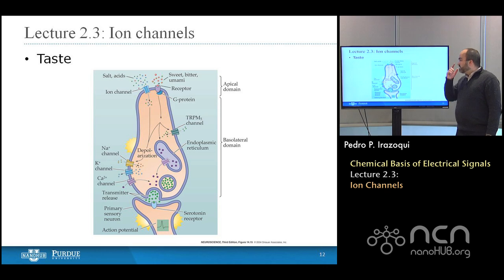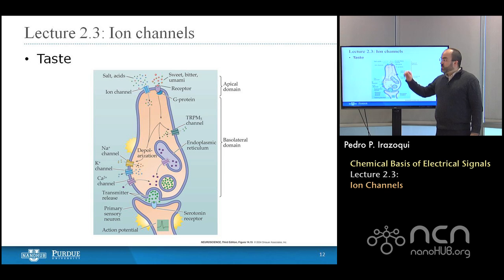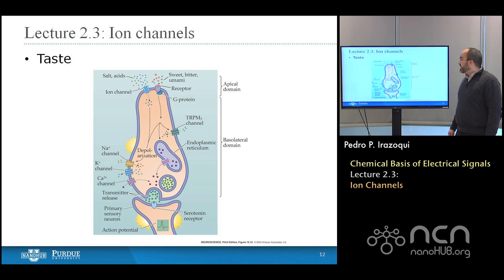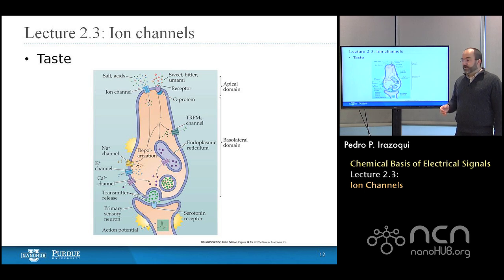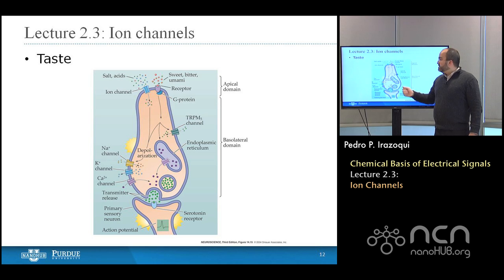The sense of taste works through ion channels as well, but in this case we have one of those secondary messenger ion channels that I mentioned that we'll talk about more in the next lecture. In this case, you have different senses of taste, right? You have salty, you have sweet, you have bitter, and you have umami. These different senses of taste bind to a receptor on the outside of your taste buds.